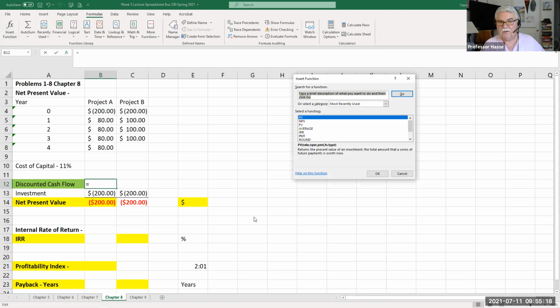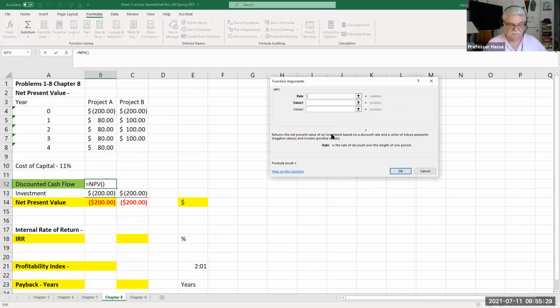We've seen these before. Financial, net present value, NPV. There it is right there. Our cost of capital is 11%. And the values, the cash flow being generated, is from year 1 to year 4, $80. So all I have to do in this function is highlight year 1 to year 4, B5 to B8, and then I hit OK.